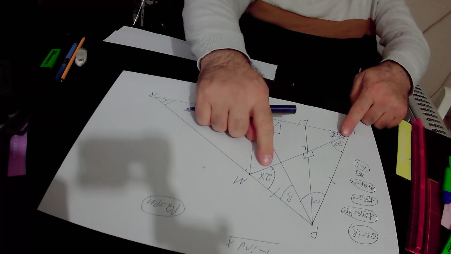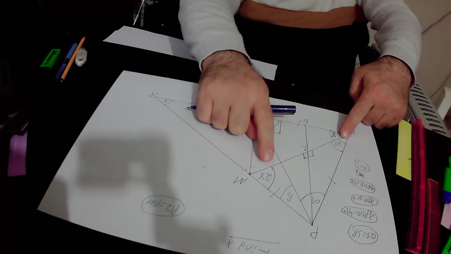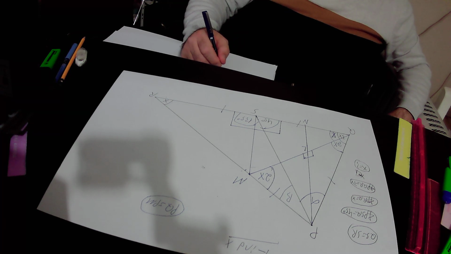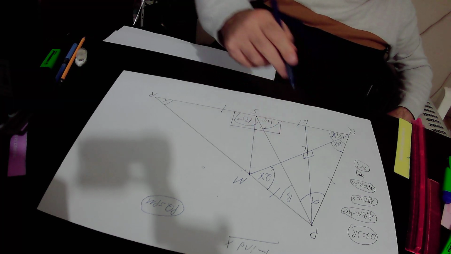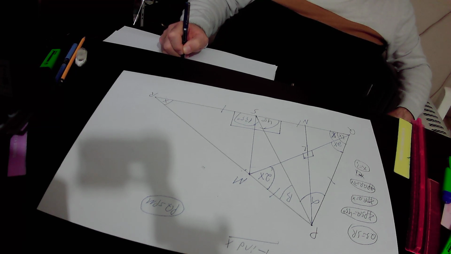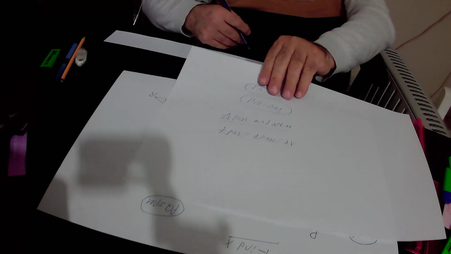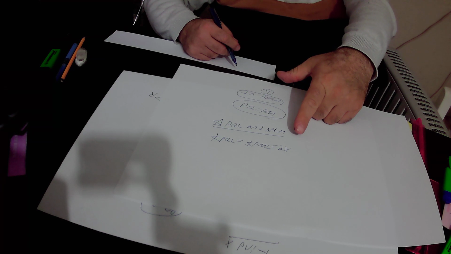We know that those two angles are equal to each other, they are both equal to 2x. So angle PQL in triangle PQL is equal to angle PML, and both angles are equal to 2x. Angle PQL equals angle PML equals 2x.